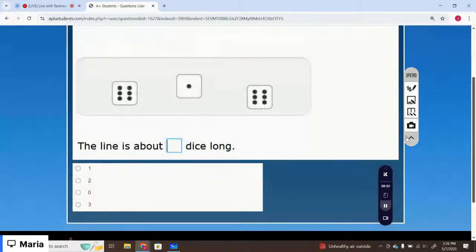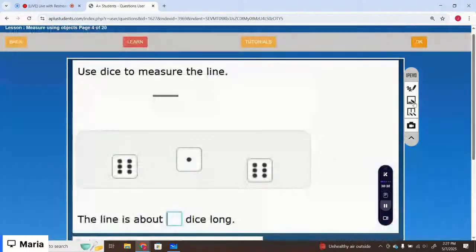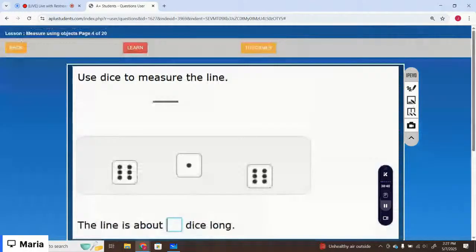Use dice to measure the line. That is one dice long. Option number one is the correct option.